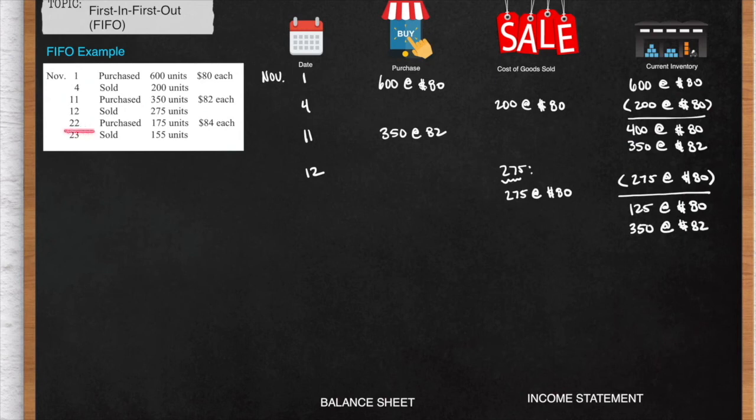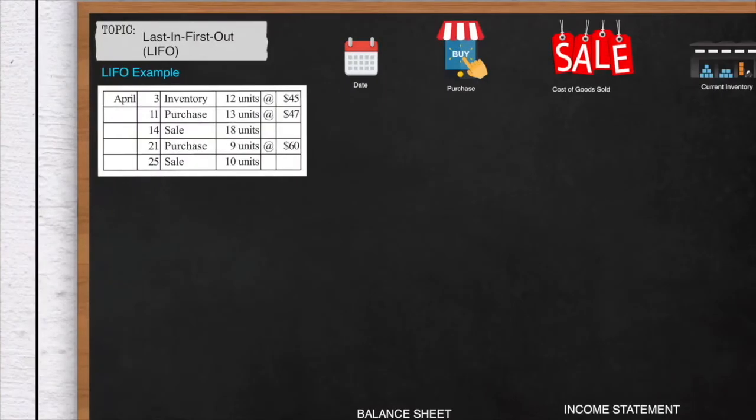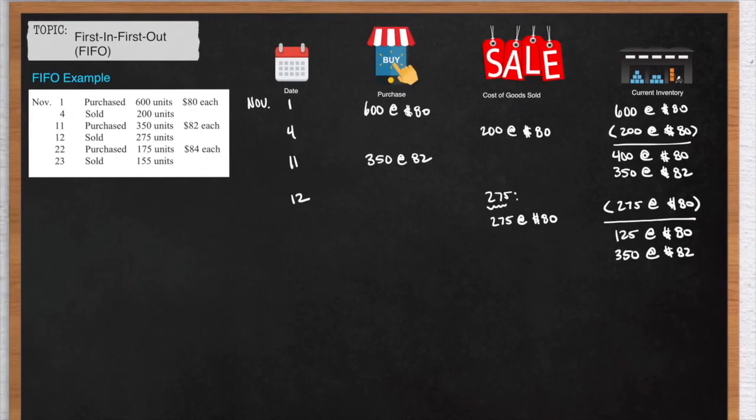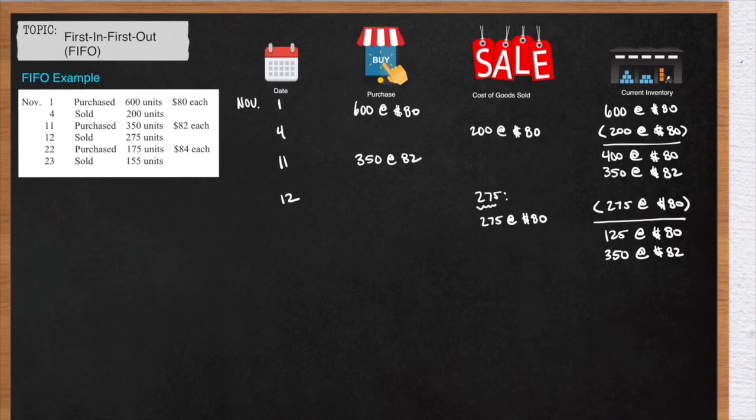Next, on November 22nd, we purchased some more. And guess what? The supplier raised their prices to $84. Sorry about that. So again, it's November 22nd. We purchased 175 units at $84.